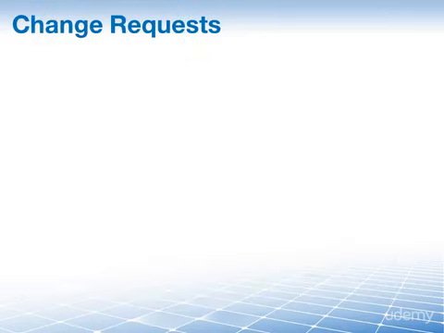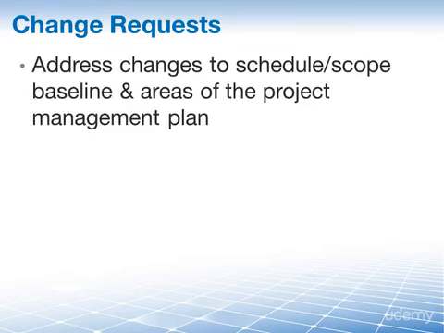Change requests are a common output of processes like control schedule in the monitoring and controlling process group. So it's not unexpected that it's also an output here. In this case, change requests address changes to the schedule baseline, scope baseline, and other areas of your project management plan.